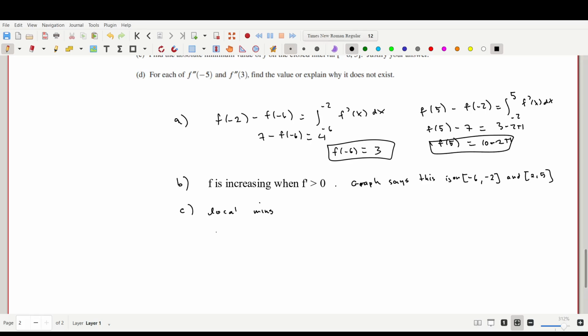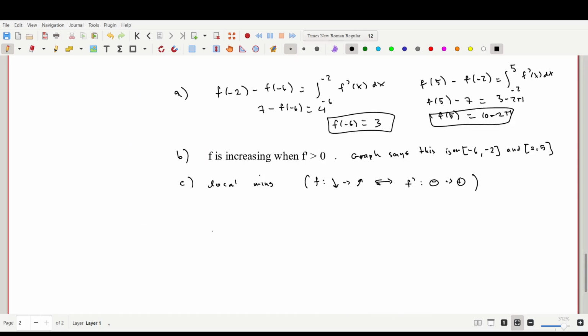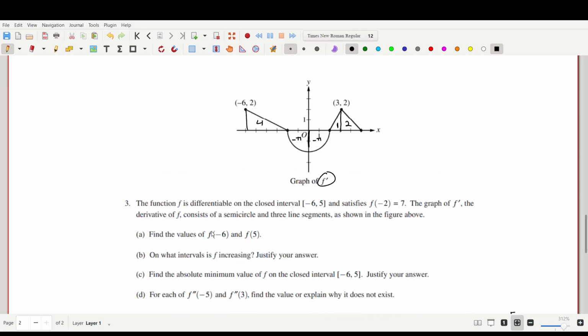Local mins are where f changes from decreasing to increasing, and that's the same thing as f prime changing from negative to positive. So where does that occur? That occurs at 2 only. 2 is the only local min. Notice it's crossing from negative to positive here.